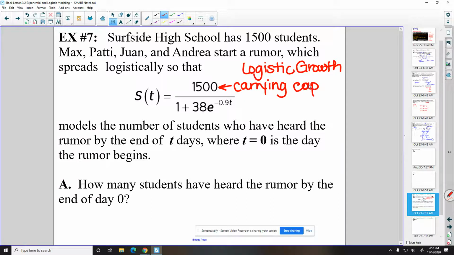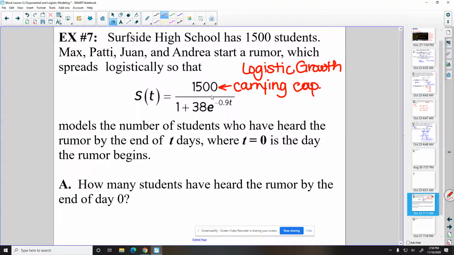And then you still have things like T for time, and then there's rates and decimals and stuff. But this logistic growth function is something we use when we have a maximum capacity possible. Like we can only fit 1,500 students in the school, or we can only sustain so many people in this population based on resources.